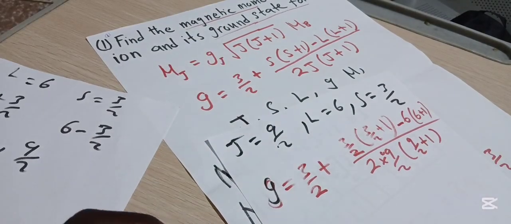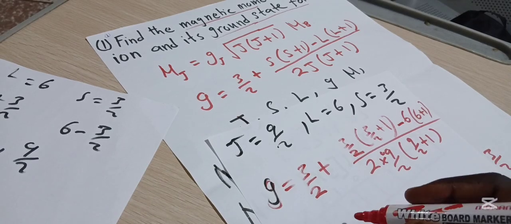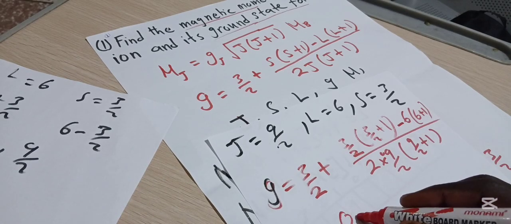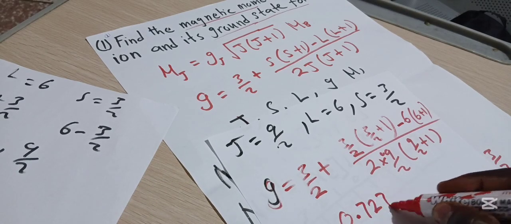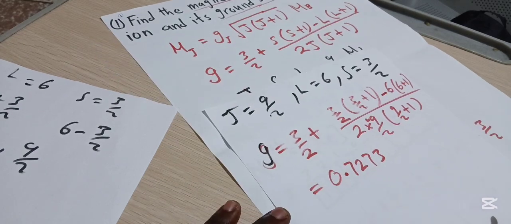Let me punch everything on my calculator. If you punch this on your calculator, you are going to get the g value to be 0.7273.